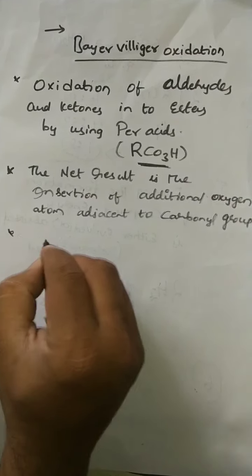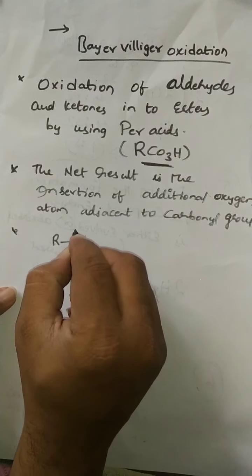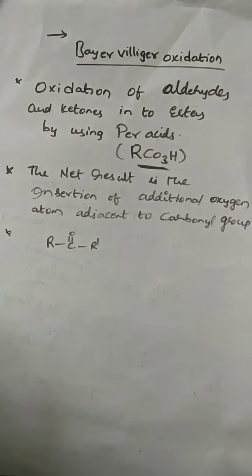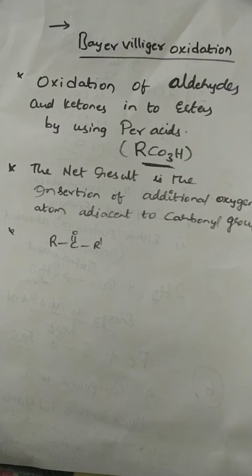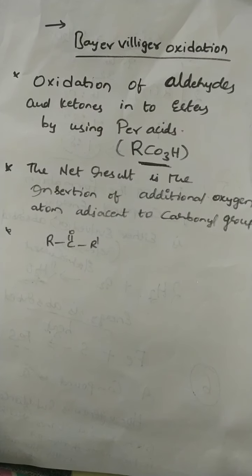So for example, you take a ketone, RCOR dash. That is the keto family.